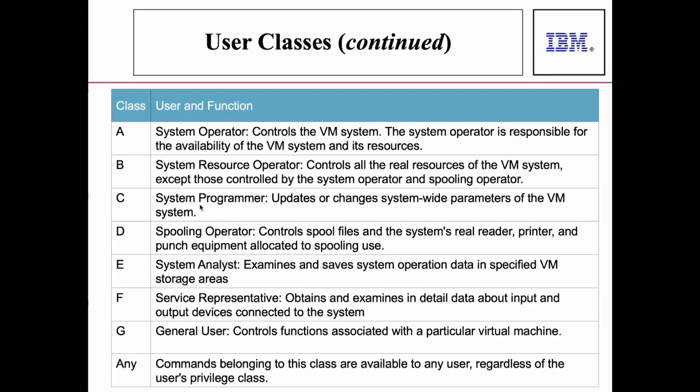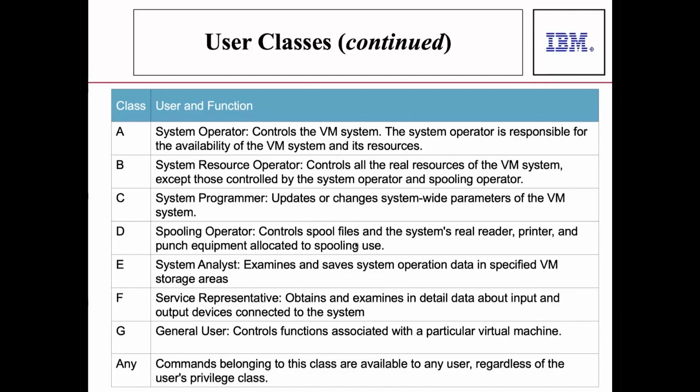The Class C, the system programmer class, could be argued has more privilege, is the highest privilege of the system for some reasons. There are some Class C commands that really can alter the security of the system and things like that. Anyway, it's basically a lot of system-wide parameters. Class D is associated with spooling. So we're back to, in the old days, card punches and card readers and printers, but now we use the spool files.